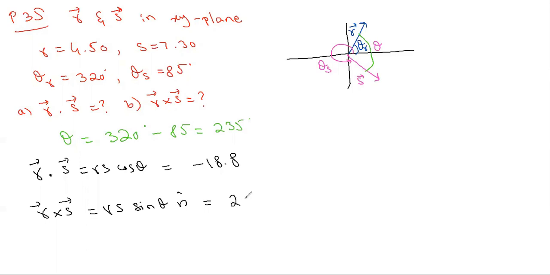The answer will be 26.9 k hat. So if you are unable to figure out the direction of the vector, let me know and I'll elaborate. So this is problem number 35. And we are only left with the two problems, 36 and 40. Okay.